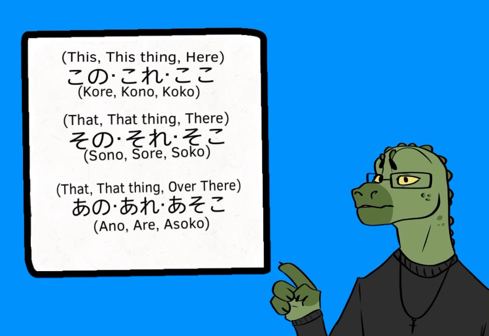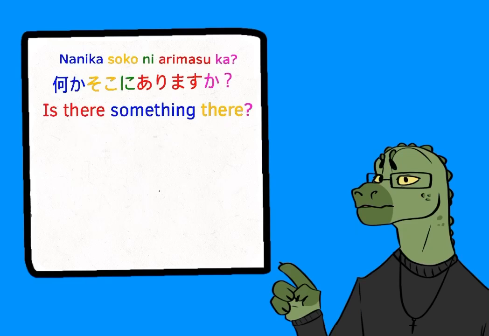So, to wrap this whole video up, let's take all of this stuff that we've learned and make some big, spicy, longer sentences. So, let's say you wanted to ask the question, is there something over there? Right? How would we say that? We would say, 何かそこにありますか?